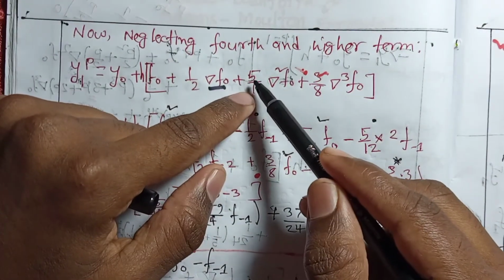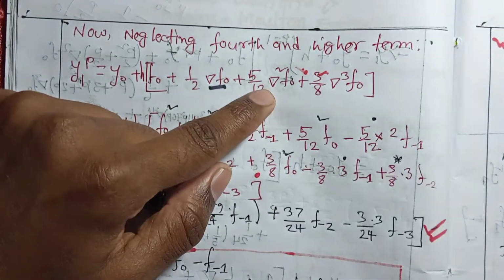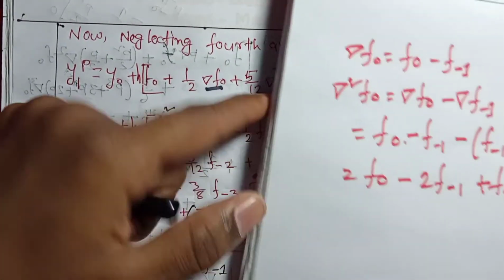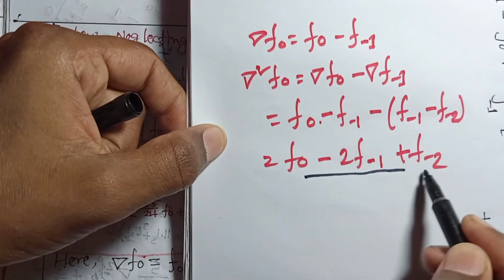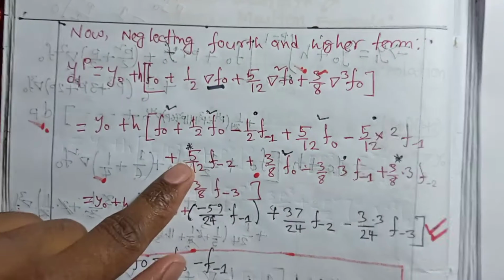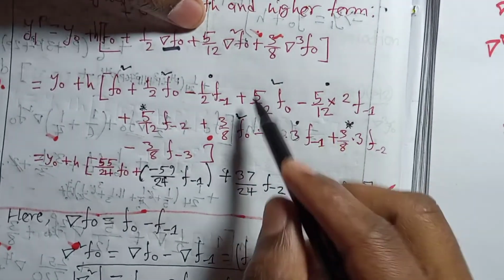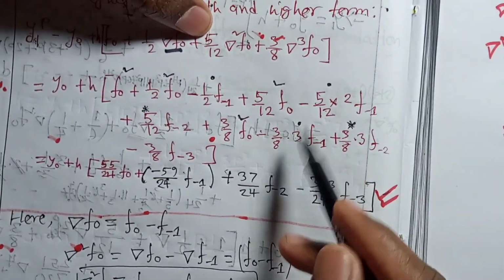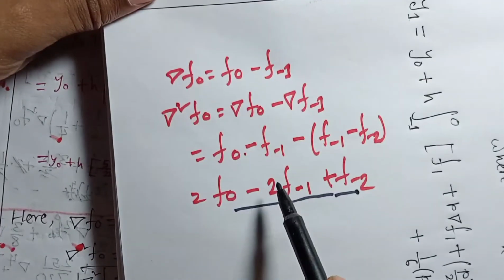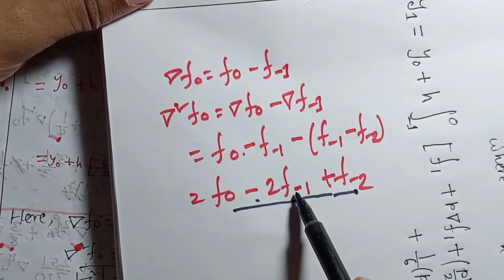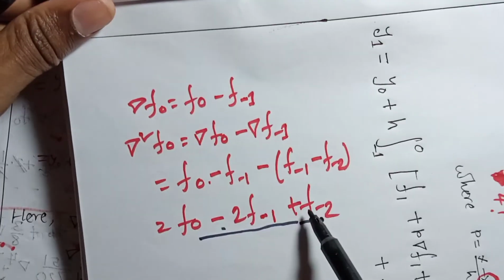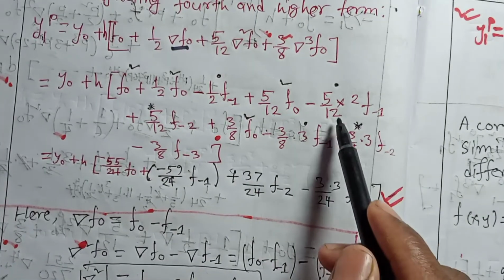Now 5 upon 12 nabla squared f0 is nothing but f0 minus 2 f sub minus 1 plus f sub minus 2, and we can write 5 upon 12 f0, minus 2 into 5 upon 12 f sub minus 1, plus 5 upon 12 f sub minus 2.